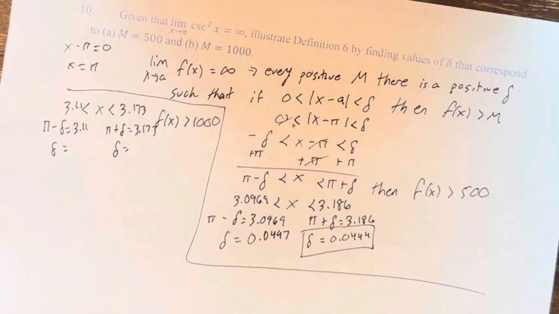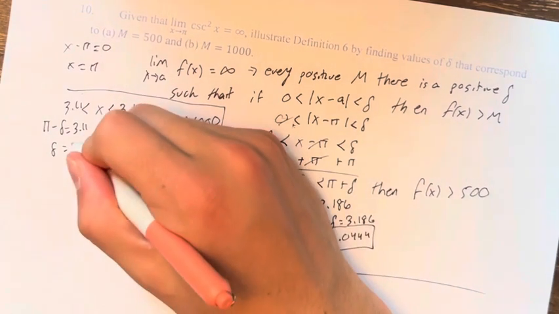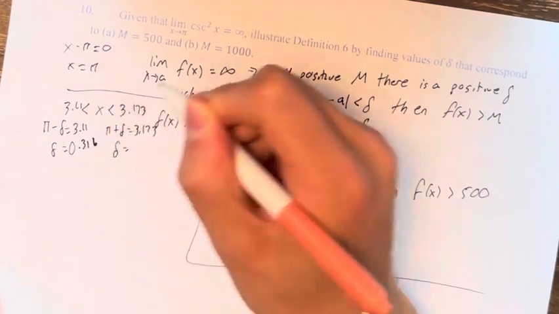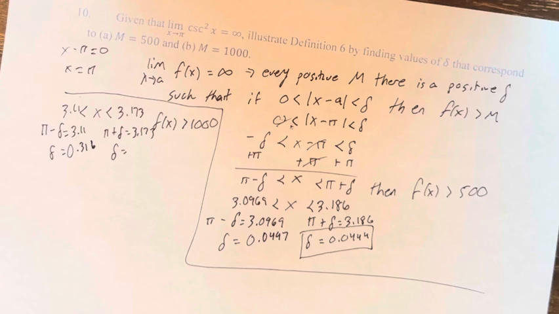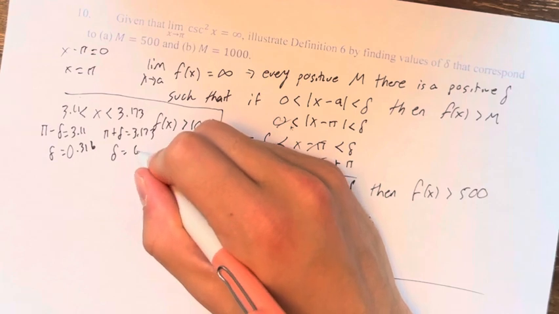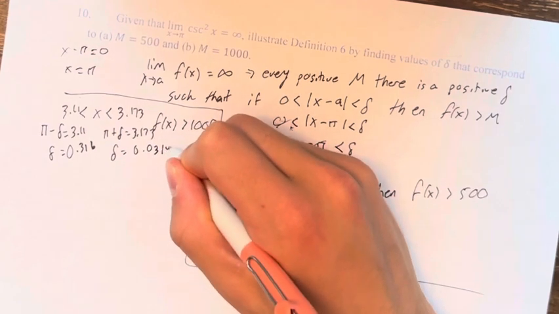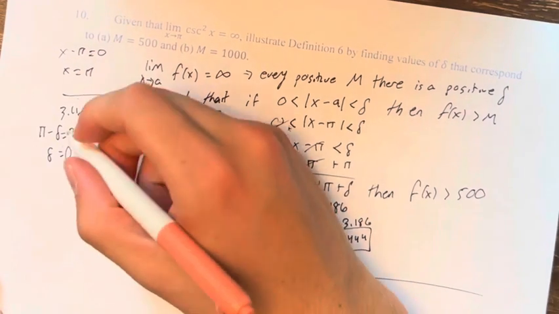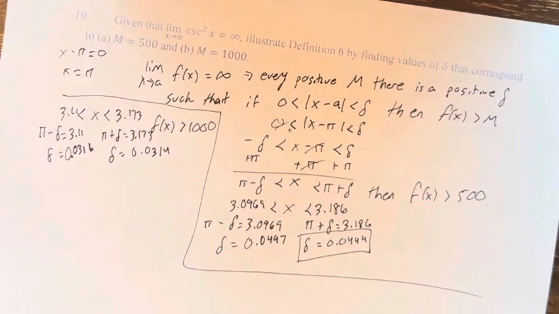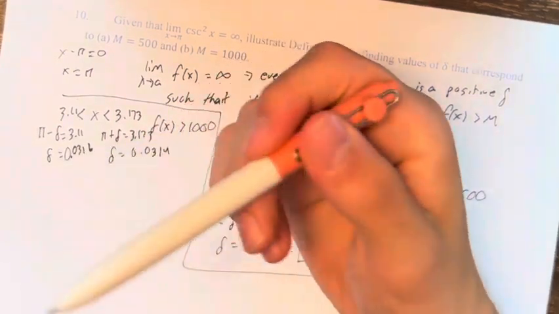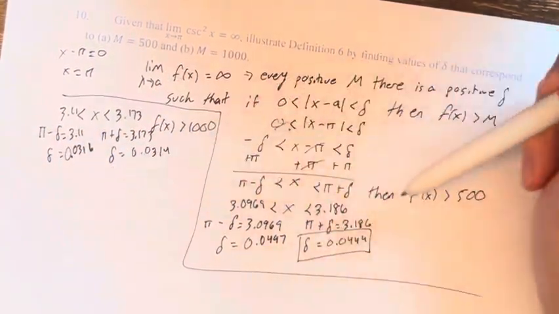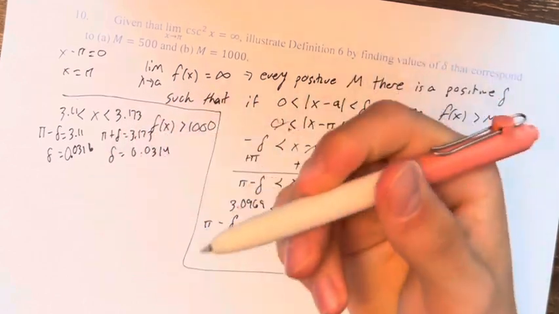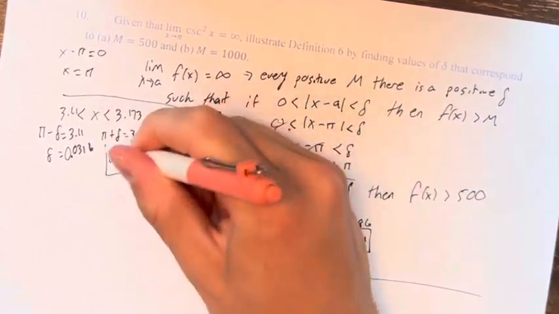So pi minus 3.11 is 0.0316, and if the other value is 3.173, delta is 0.0314, which leads me to believe that I did miss a 0 earlier, because there wouldn't be a crazy difference on both sides. So once again, we're going 0.0316 in one direction and 0.0314 in the other direction, and we have to pick the smaller, more restrictive value of delta, 0.0314.